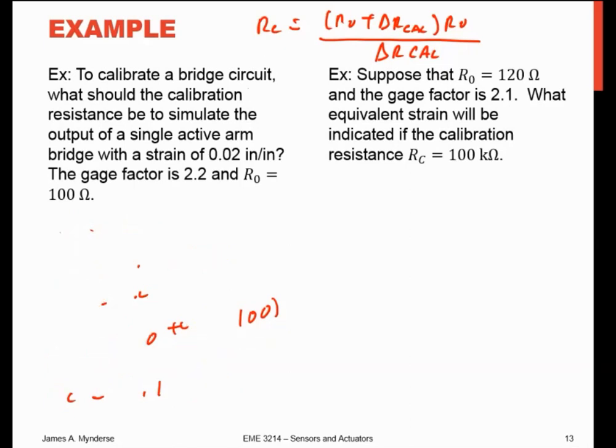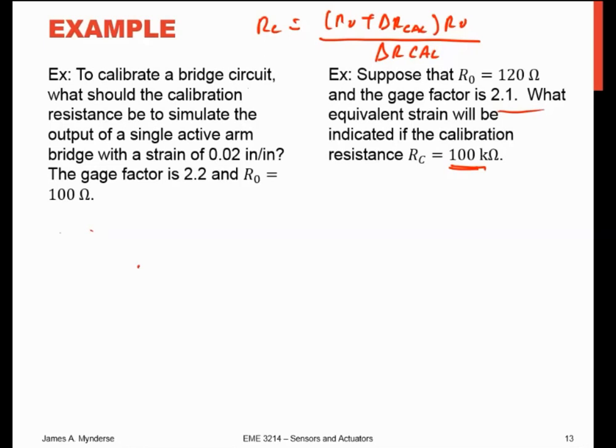In this case, we suppose that R0 equals 120 ohms. Our gauge factor is 2.1. What is the equivalent strain if the calibration resistance equals 100K? So in this case, we're given a calibration resistance and we want to work backwards to the strain.